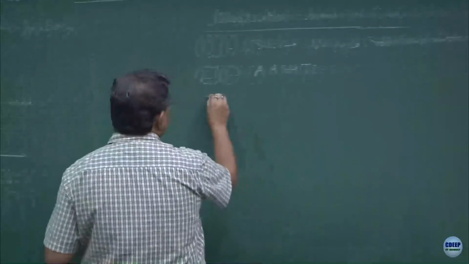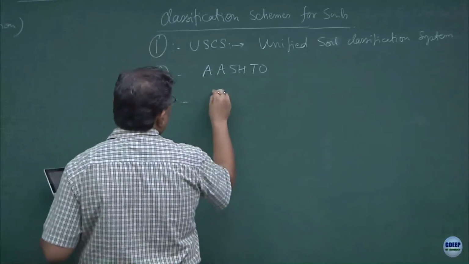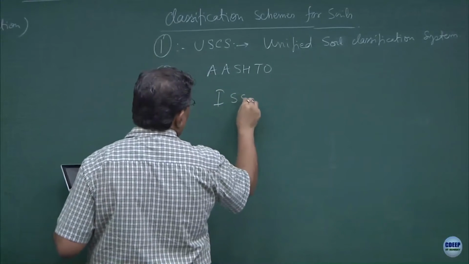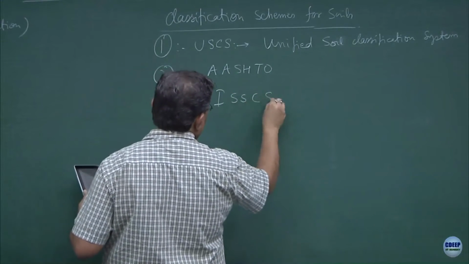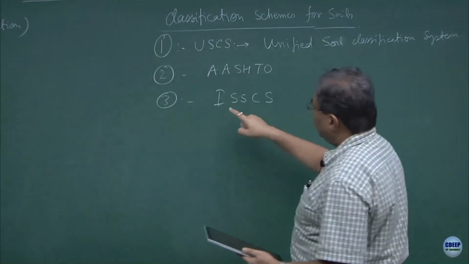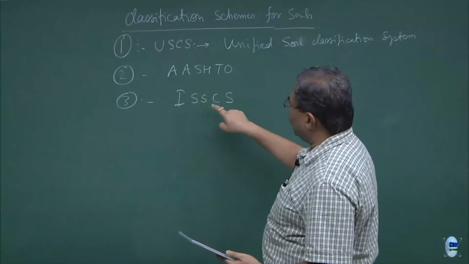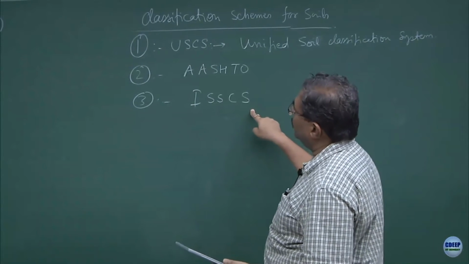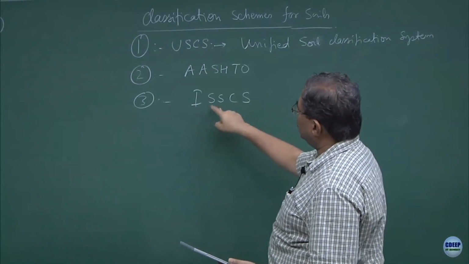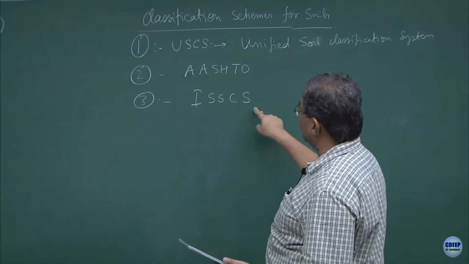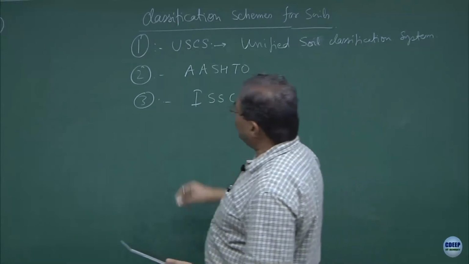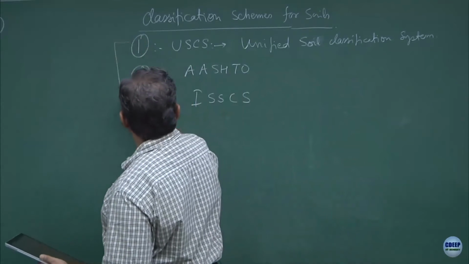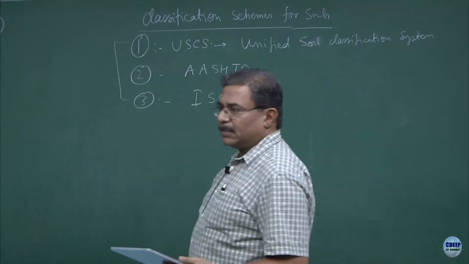The third one, which is used in Indian context, we call it ISSCS, Indian Standard Soil Classification System. All right. There is a small difference between USCS and ISSCS. We will discuss this today.